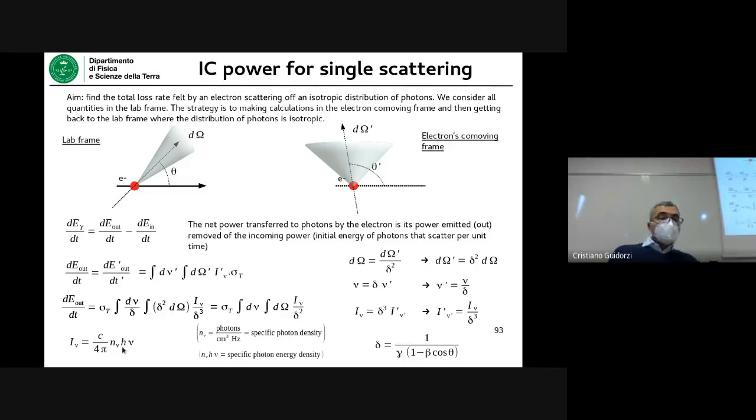So n_nu is the specific number density of photons, how many photons you have per unit volume, per unit frequency, times the energy of those photons in that frequency interval, so all this is the specific energy density associated with the photon field. So how much energy I have per unit frequency.